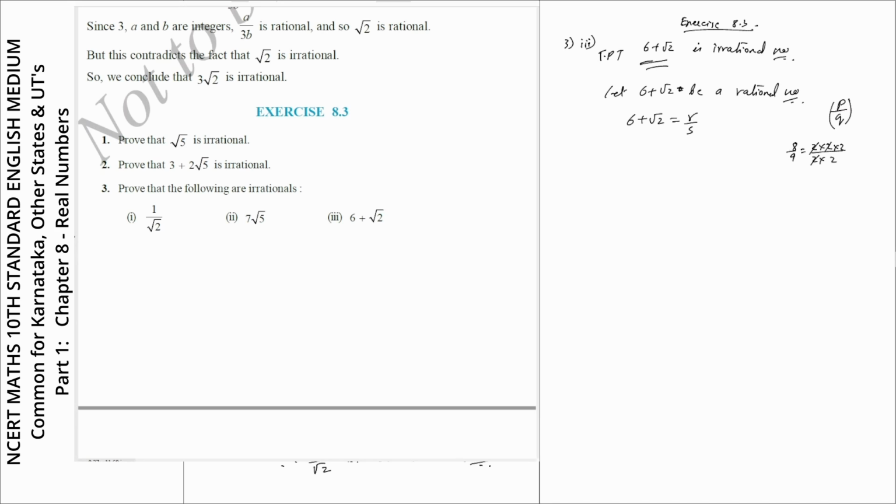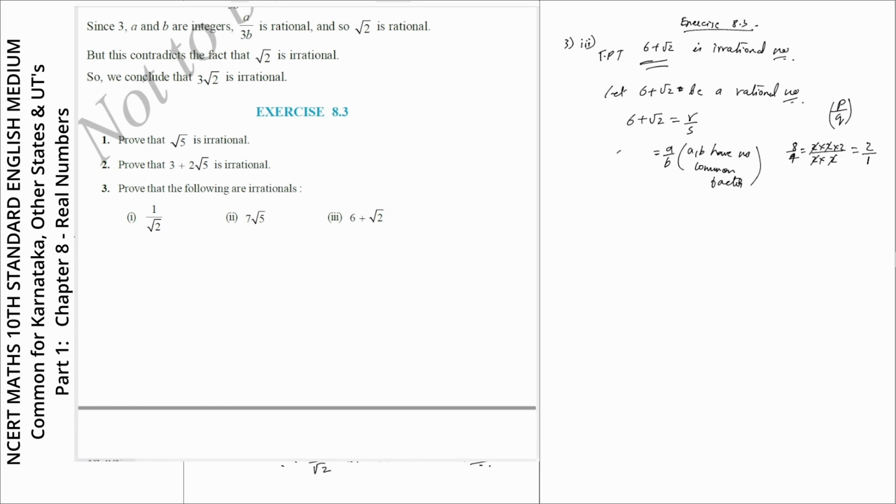Now if I cancel the common factors, I am left with 2 by 1. Similarly here, if I cancel the common factors, I will get a by b. a and b have no common factor because I have cancelled the common factors.